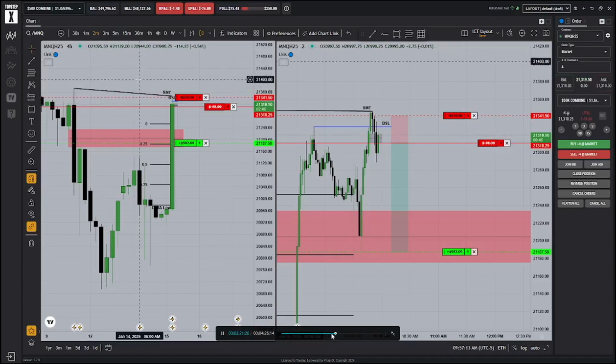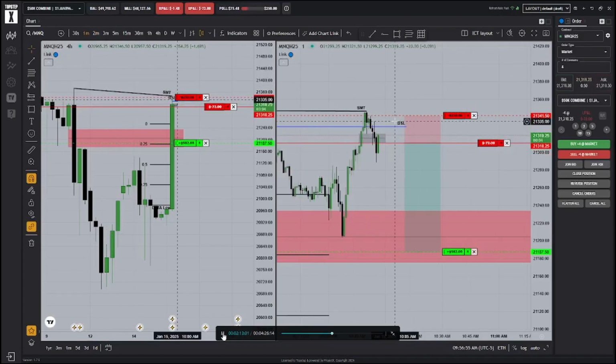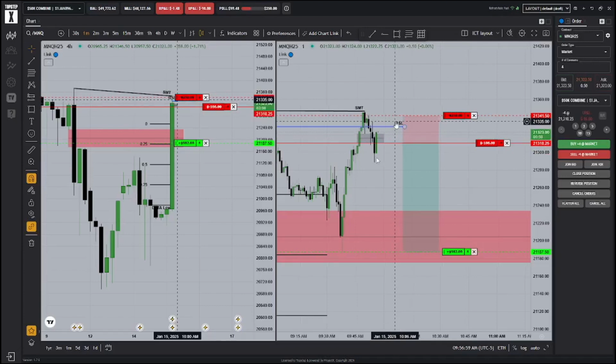Now if you didn't see, this was on the 1 minute. So we sweep through the SIBI, closing below it, and then the next candle we sweep right back through it, closing above it. So this is not a good sign already.